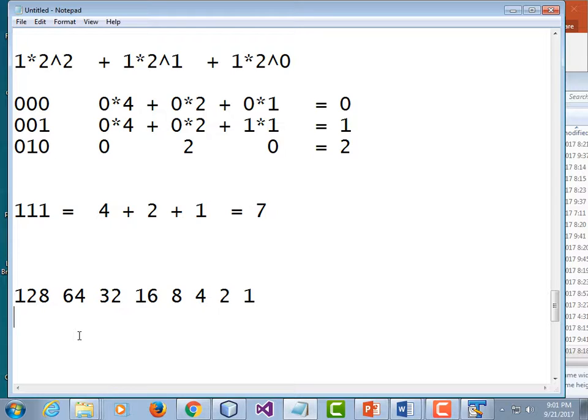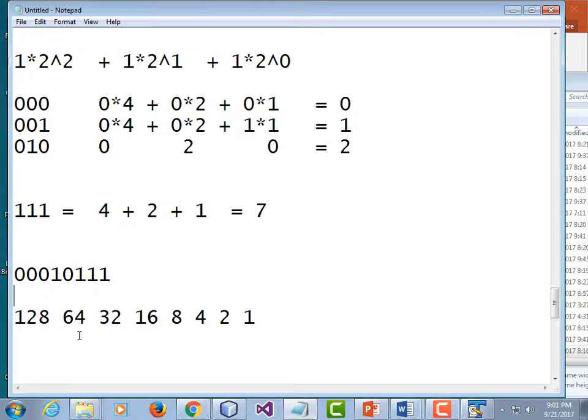Now anyways, if you have this number, I'm just going to type in 00010111, that's 8 bits. I'm going to write them out like this: 0, 0, 0, 1, 0, 1, 1, 1. And then now I'm going to add them together. Do we have any 128s?